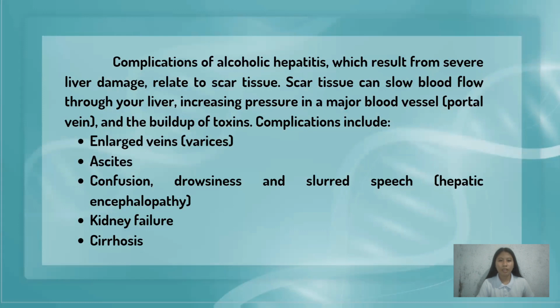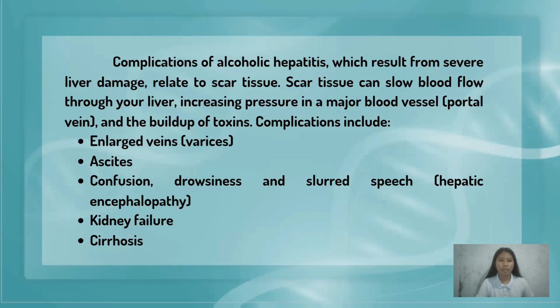Complications include enlarged veins: blood that can't flow freely through the portal vein can back up into other blood vessels in the stomach and esophagus. These blood vessels have thin walls and are likely to bleed if filled with too much blood. Heavy bleeding in the upper stomach or esophagus is life-threatening and requires immediate medical care.